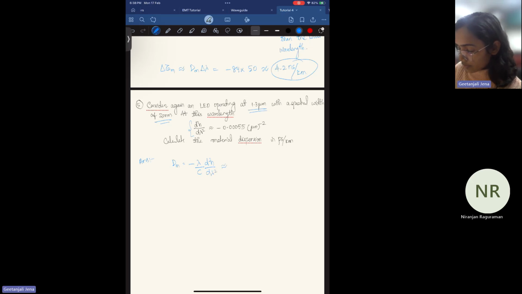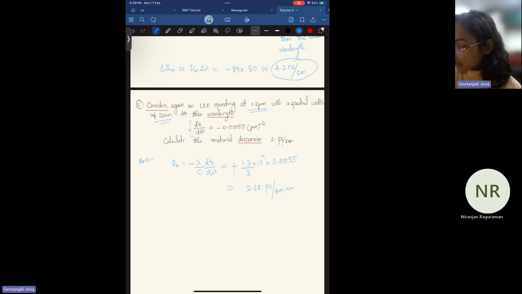So d square n by d lambda square is minus, so it is positive, and 1.3 over 3 multiplied by 10 to the 4 times d square n by d lambda square, which is 0.0005.